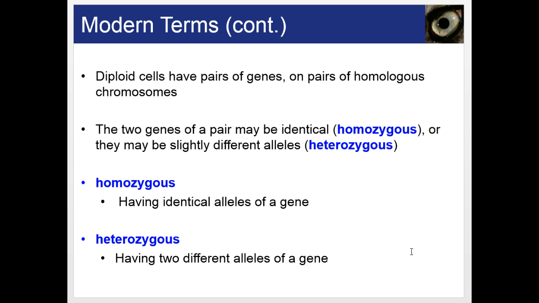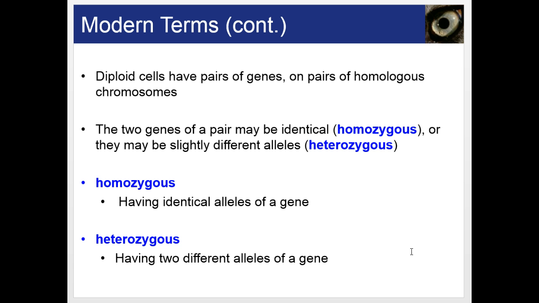So any genes that are on the X and the Y chromosomes for males, you only have one copy of each of those genes. But considering the rest of the genes for which we do have a pair of each of those, when they are identical, they're called homozygous. And when you get slightly different versions of the genes, or alleles, slightly different versions of genes are alleles, then we call that situation heterozygous.